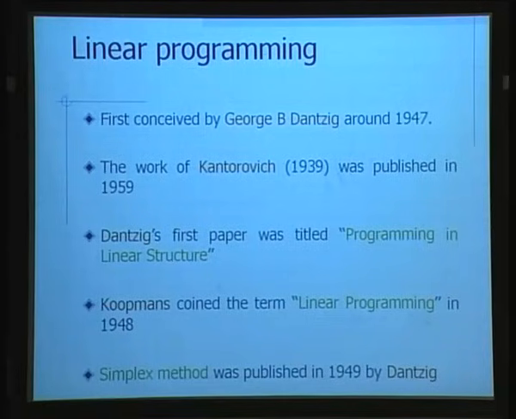In fact, Dantzig did not use the term linear programming. His first paper was titled Programming in Linear Structure. Much later, the term linear programming was coined by Koopmans. The simplex method, which is the most popular and powerful tool to solve linear programming problems, was published by Dantzig in 1949. So this is the brief history of linear programming.